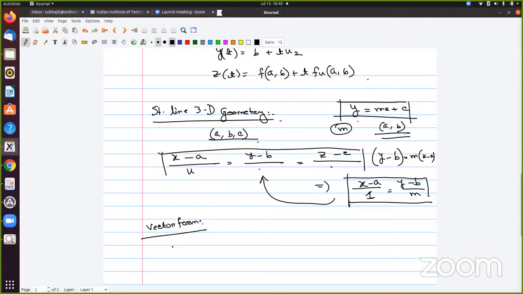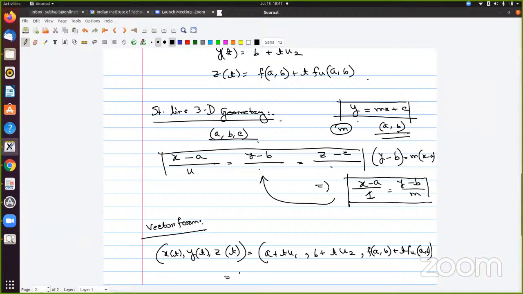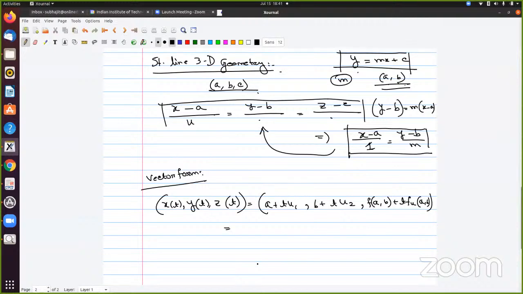Now vector form is written as a tuple x y z, so it is x of t, y of t, z of t. You are writing it as a tuple. You have already seen t one, b t two, and so on. Now this is using general vector addition in R3, usual vector addition.